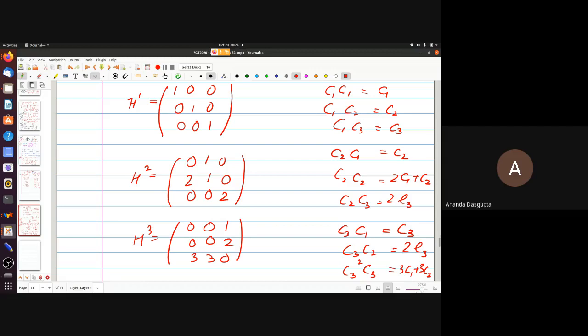Do one, but choose that one wisely. If you try to find the common eigenvectors for H1, what will you get? What are the eigenvalues and eigenvectors for H1? Eigenvalue is 1. There's only one. This is a threefold degenerate eigenvalue, 1, 1, 1, and any vector would be an eigenvector.